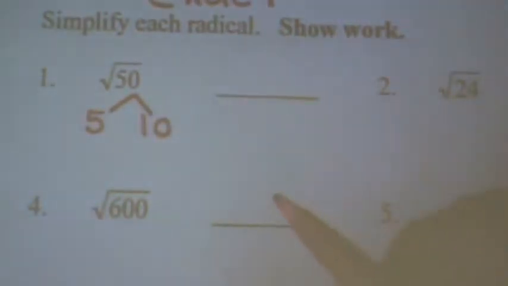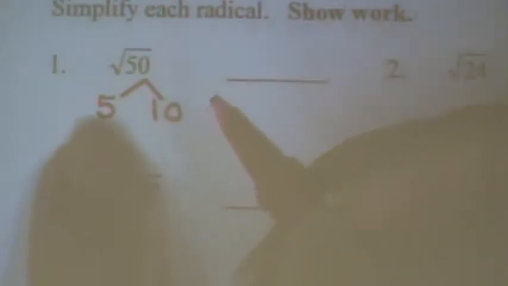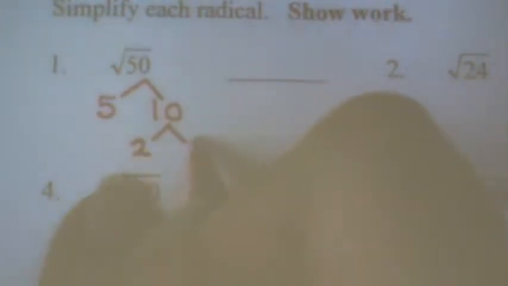I might do 5 times 10. One of you might do 2 times 25. It doesn't matter, you'll get the same answer. So now what you want to do is break 50 up into as many prime numbers as you can, or if you see 2 of the same number. Another name for 10 is 2 times 5.